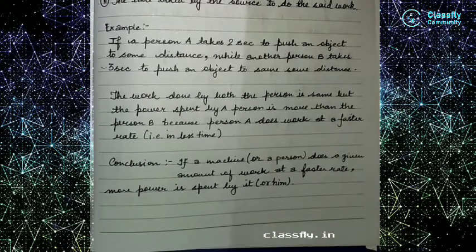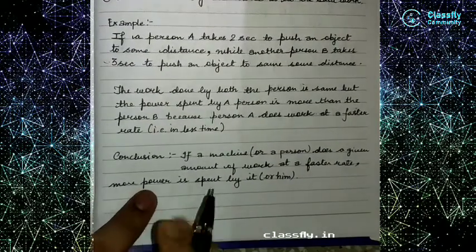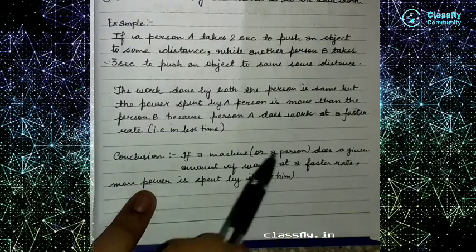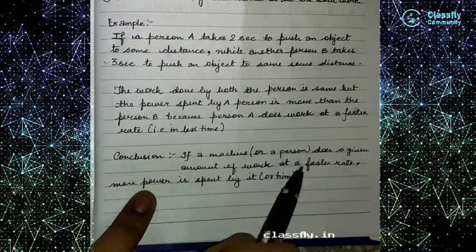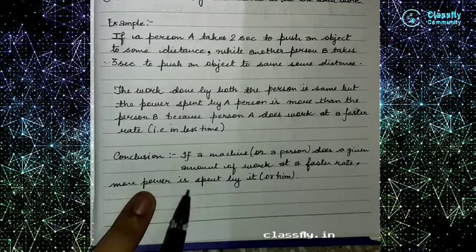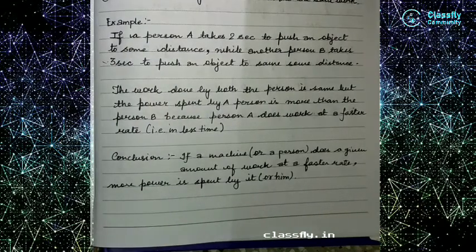So the conclusion is that if a machine or a person does a given amount of work at a faster rate, then more power is spent by it or him.